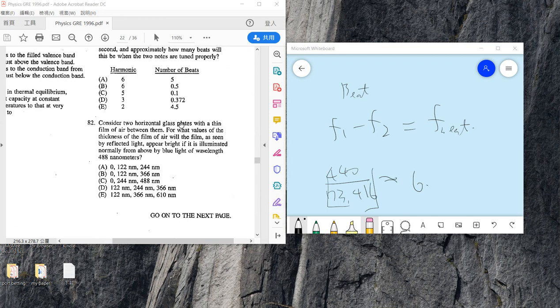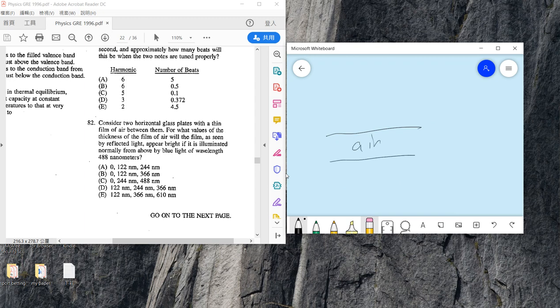Okay, 82 says that two horizontal glass plates and a thin film with air between them, for which value of the thickness of the film of air will the film, as seen reflected, appear bright if it's illuminated by blue light? Okay, so basically you have two horizontal glass plates with a thin film of air.